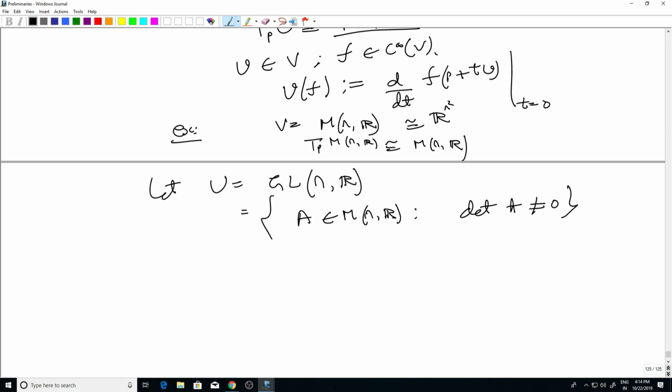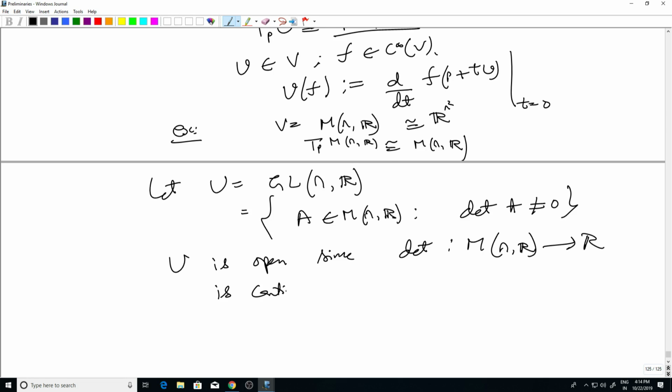And this U is open, since the determinant function from M_n(R) to R is continuous. In fact, it's just a polynomial function.